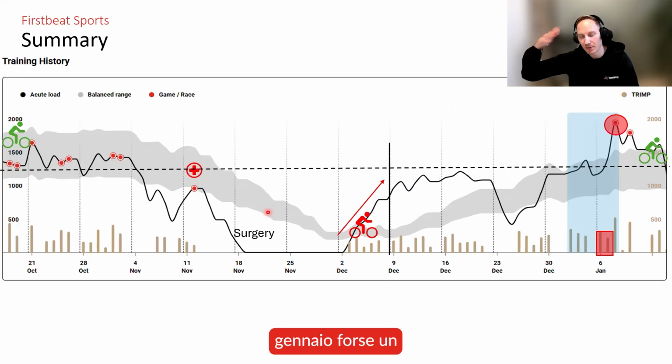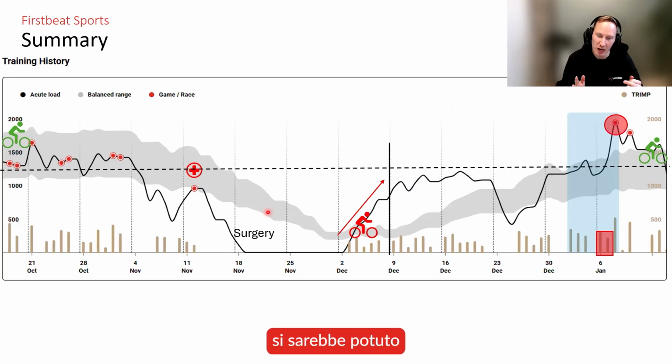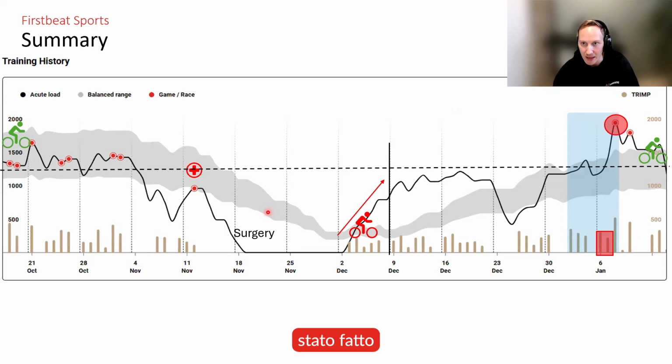And then on the 15th of January, maybe a bit late, it could have been done a bit earlier before the actual return to game, but now it was done a week later, and they got good results, and he could continue the training with the team.